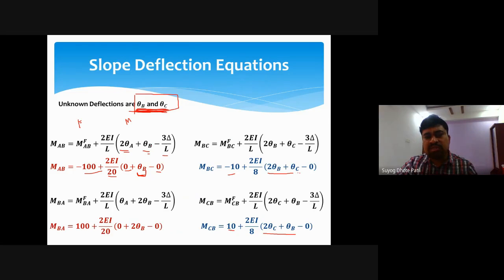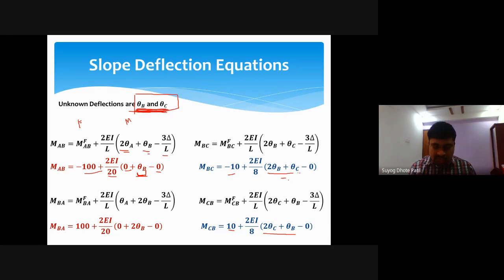Now these are the equations. These are the basic fixed end moments. Up till now this is okay. But after doing this, how can we solve for theta B and theta C? Now we have four equations, two equations for theta B and two equations for theta C. How can I solve these four equations?